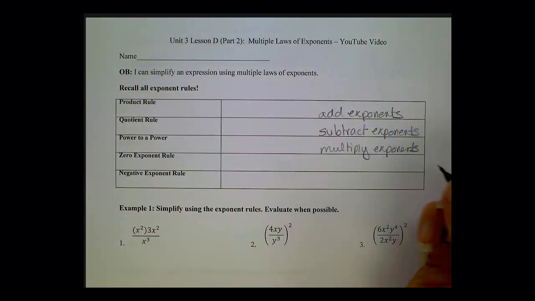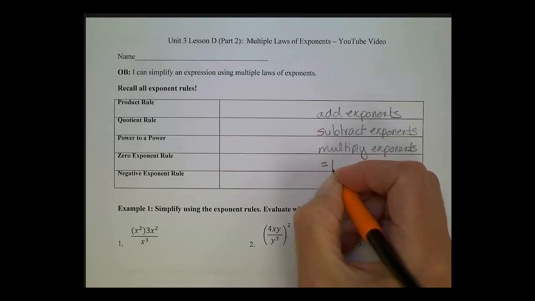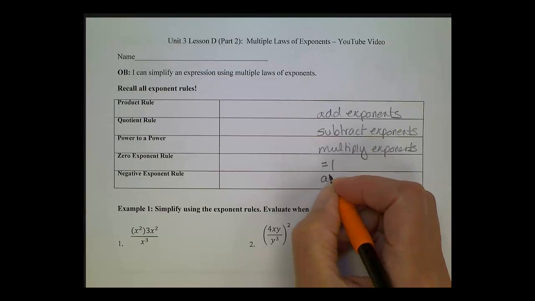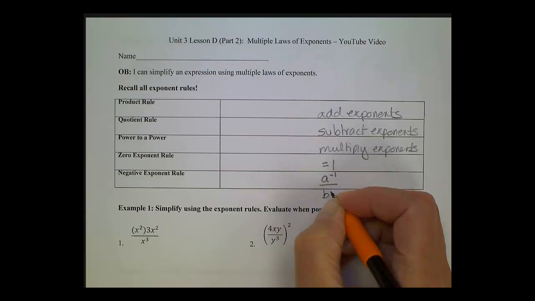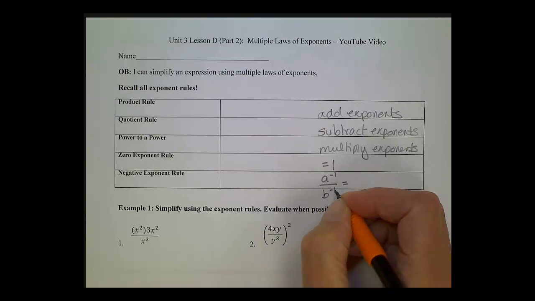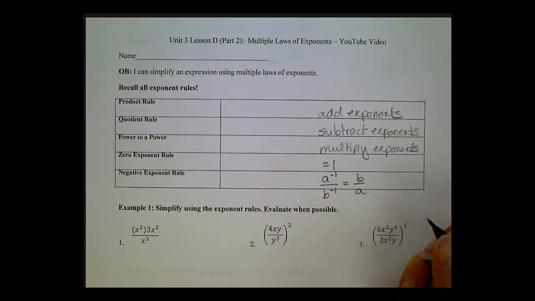The zero exponent rule, anything raised to a zero power equals 1. And the negative exponent rule means you make a fraction out of it. If you have a to the negative 1 over b to the negative 1, you switch the location. The b to the negative 1 becomes the numerator, the a to the negative 1 becomes the denominator.